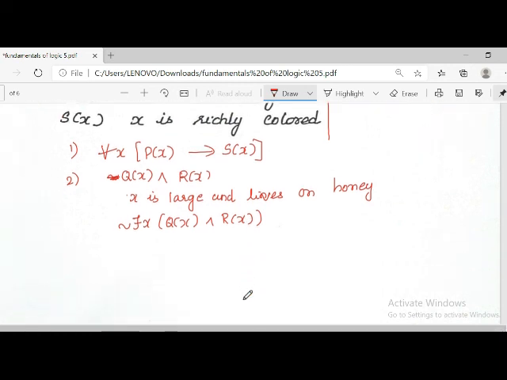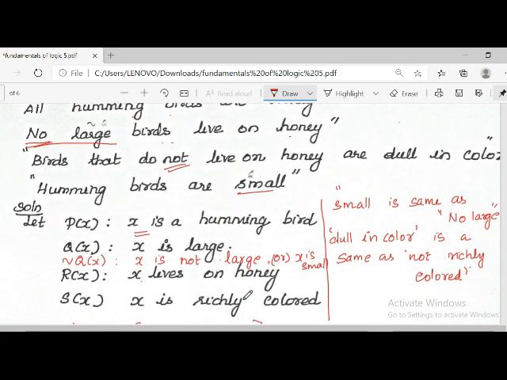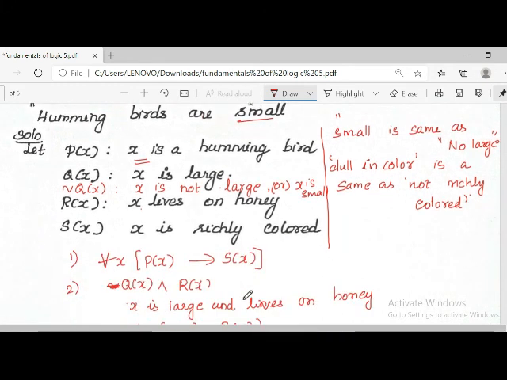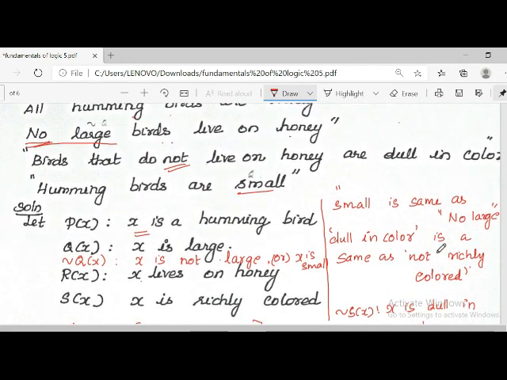Now the next statement is: birds that do not live on honey are dull in color. Do not live on honey means negation R of x. Richly colored means S of x, so negation of S of x is x is dull in color.